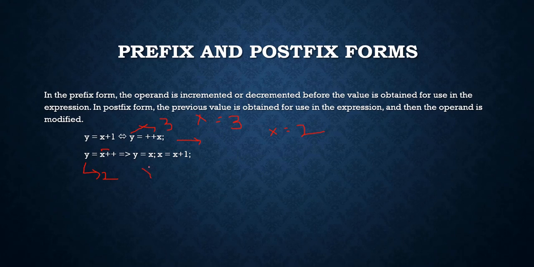Hence, the value of x becomes 3. In the prefix form, the values of y and x are both 3. Whereas if y = x++, the previous value of x, which is 2, is first assigned to y and then x is incremented. So, this is the difference between the prefix and postfix forms.